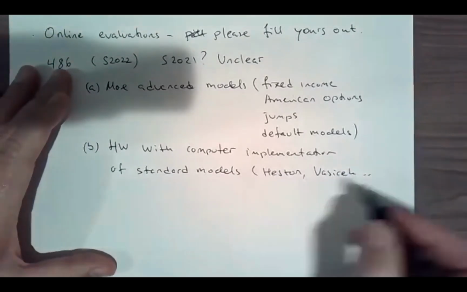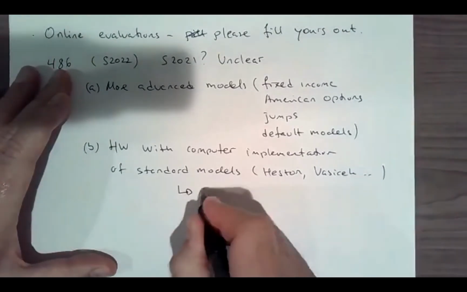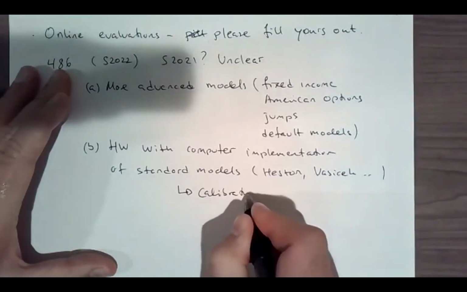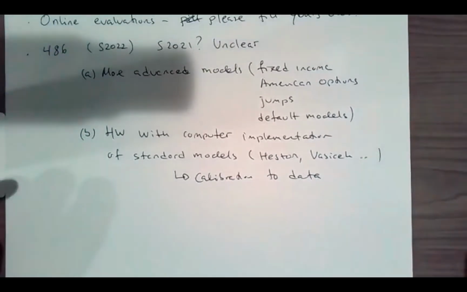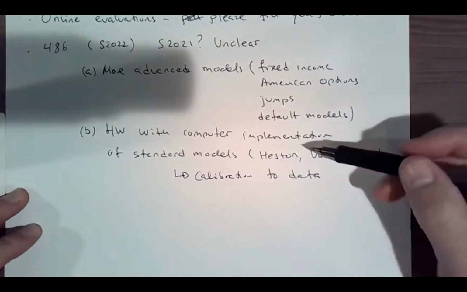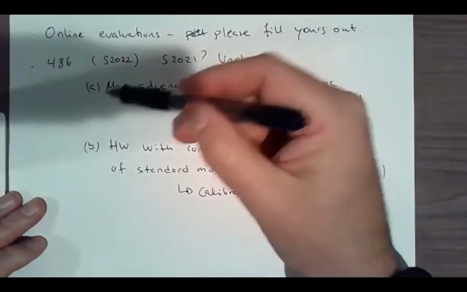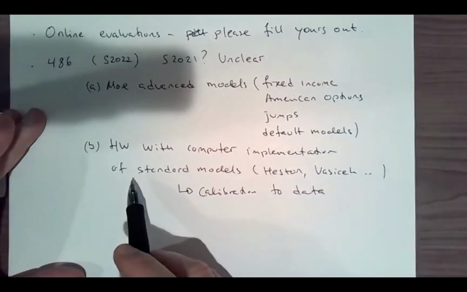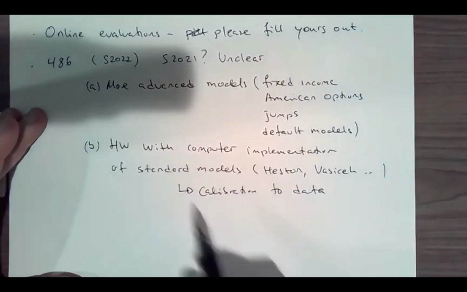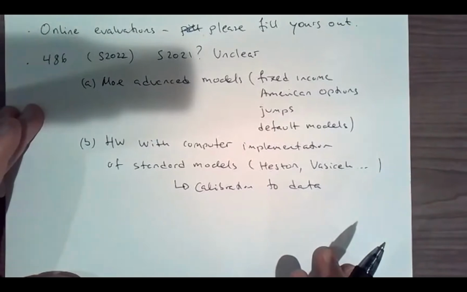There would also be something about calibration to data. The first item would be a direct continuation of what we've been doing. The second one will be different, right? We haven't done computer implementation in this course.